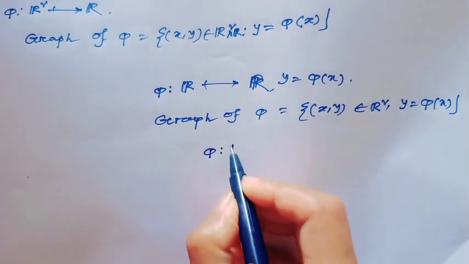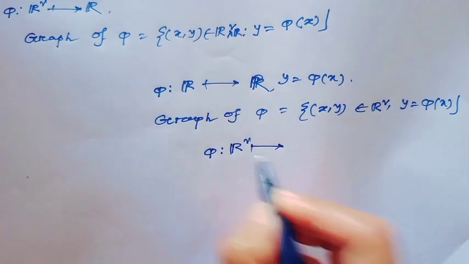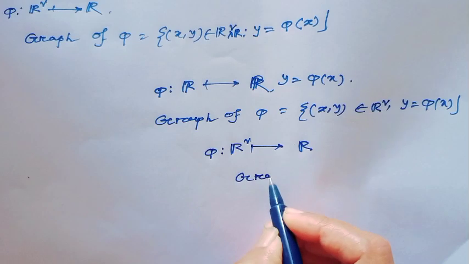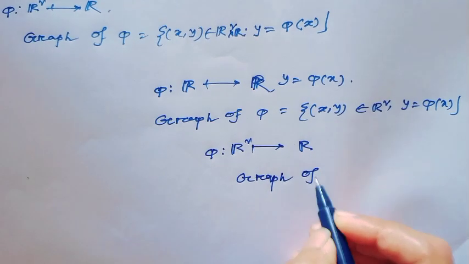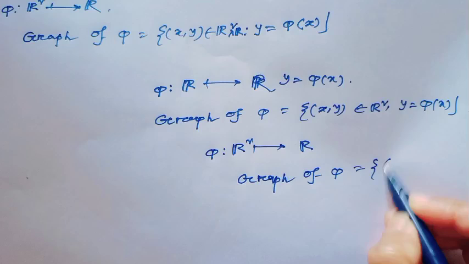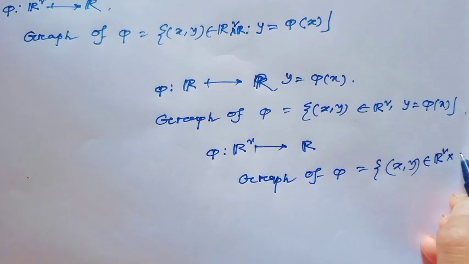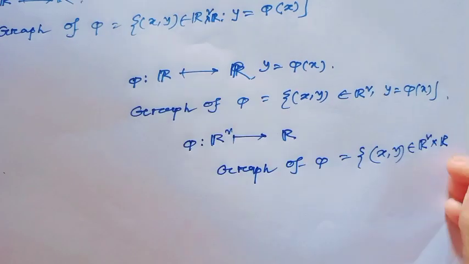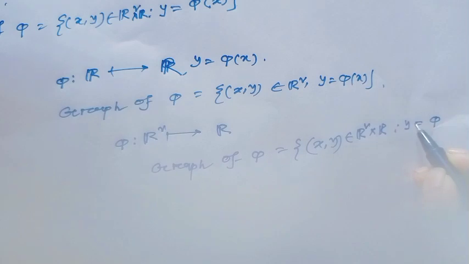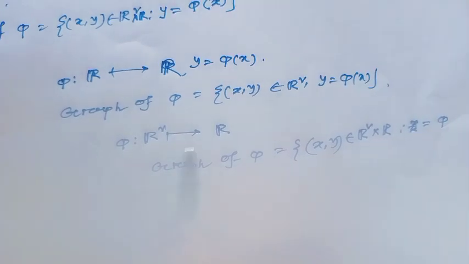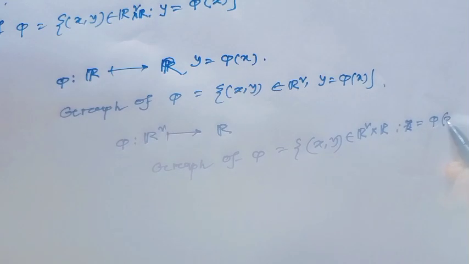Similarly, if we consider a function from R2 to R, then the graph of this function would be the set of (x, y, z) belonging to R2 cross R such that z equals phi of (x, y).